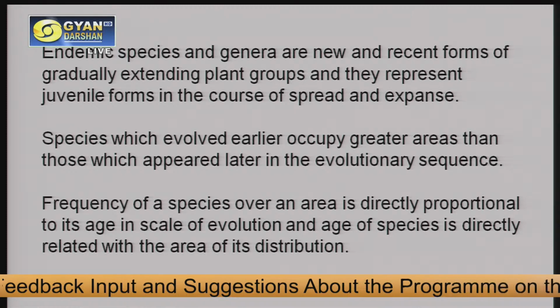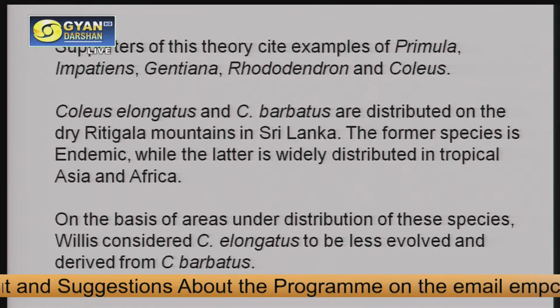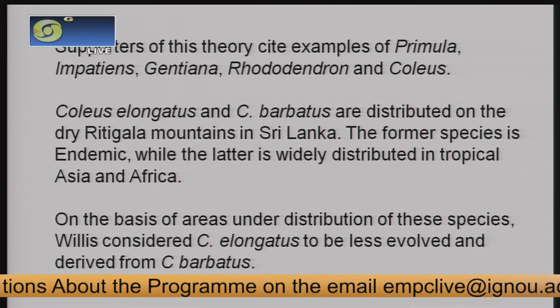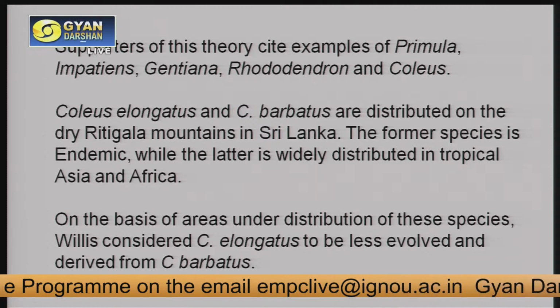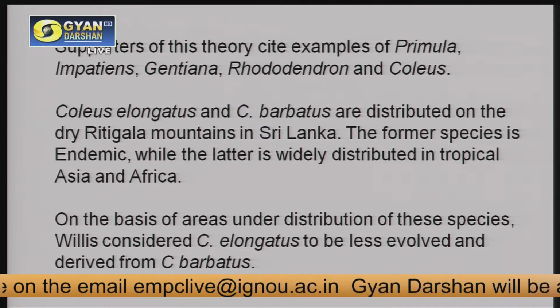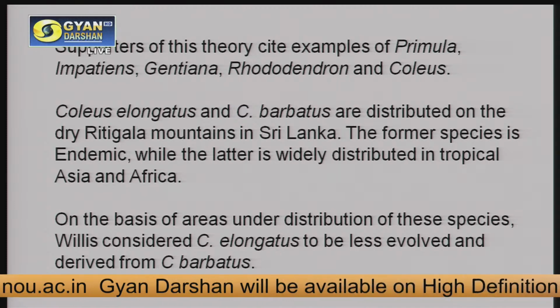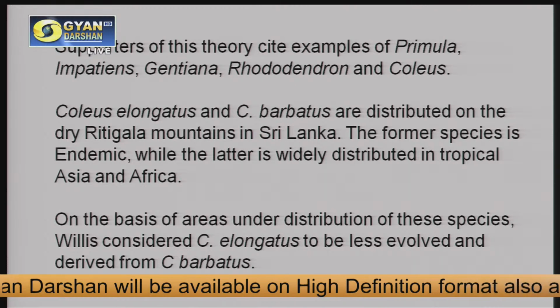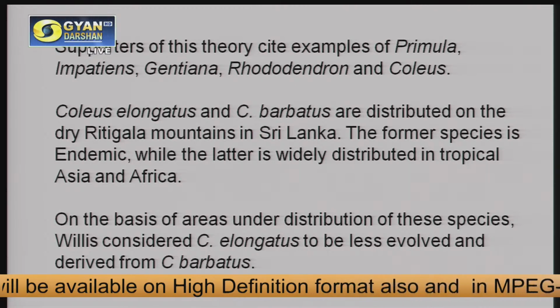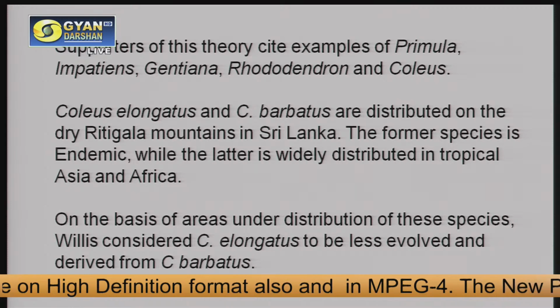There are several contradictions with this hypothesis. Although there are supporters of this theory who cite certain examples of plants like Primula, Impatiens, Gentiana, Coleus elongatus and Coleus barbatus. These are distributed on the dry Retigala mountains in Sri Lanka.